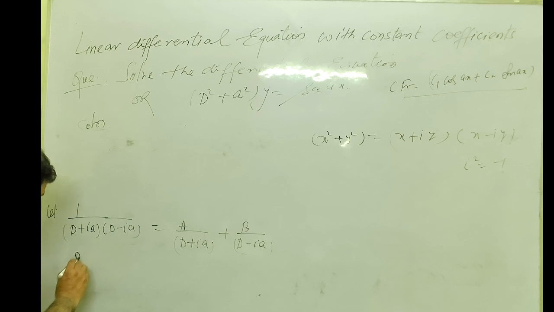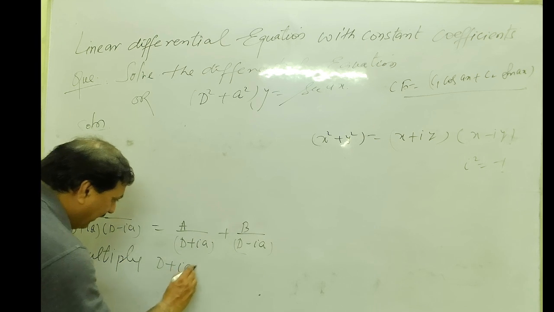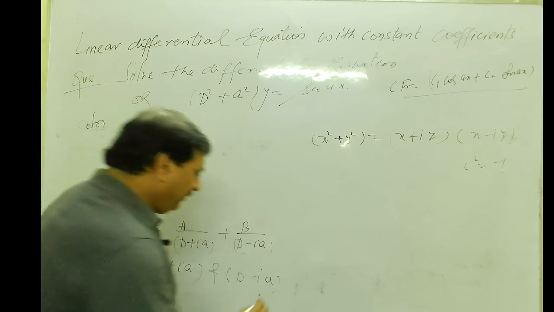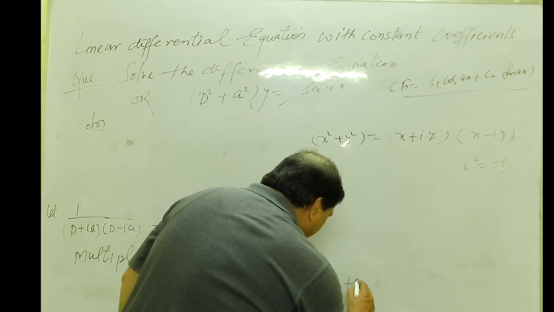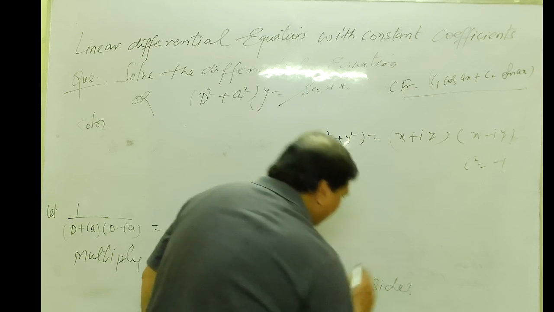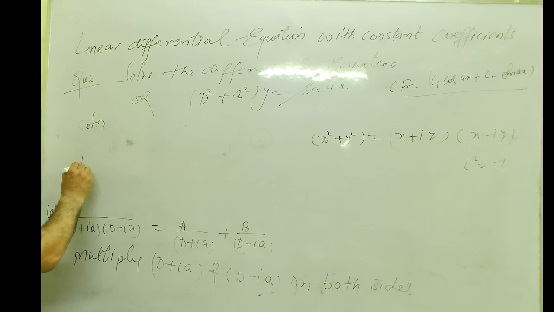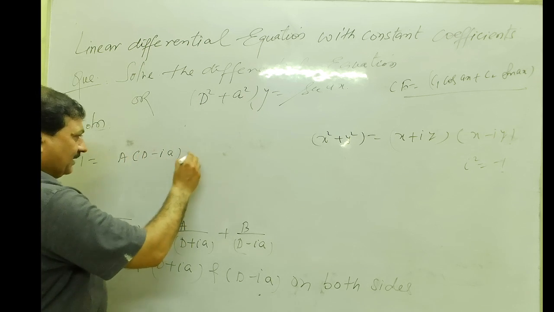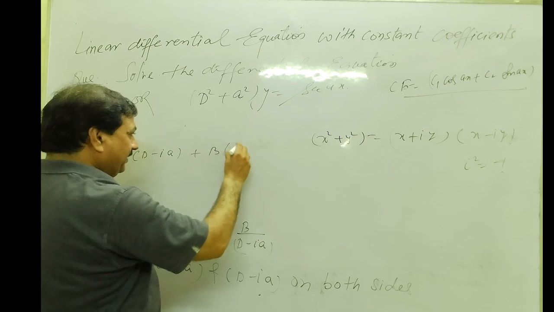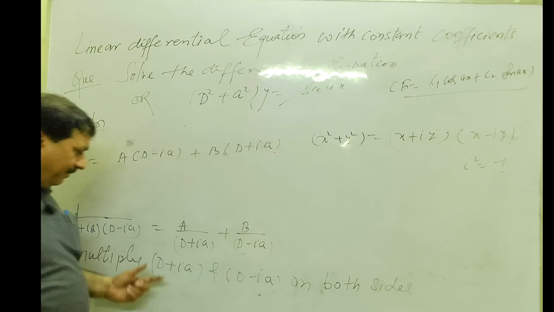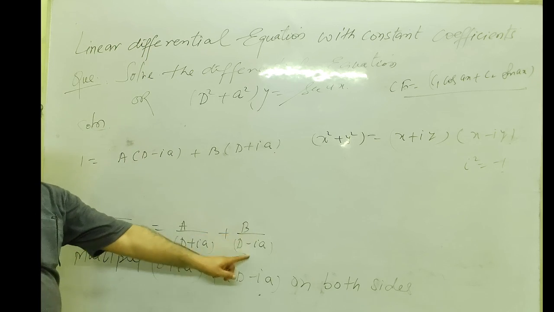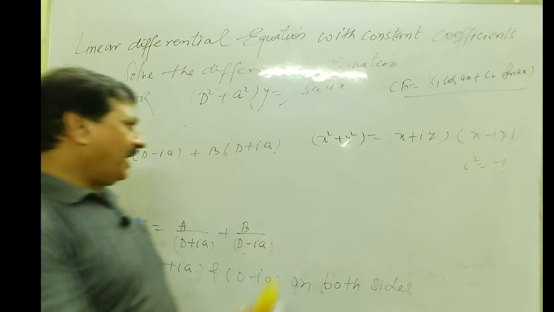That means A(D minus ia) plus B(D plus ia). Multiply both brackets; this will cancel, and B(D minus ia) cancels. Here the value is D plus ia.